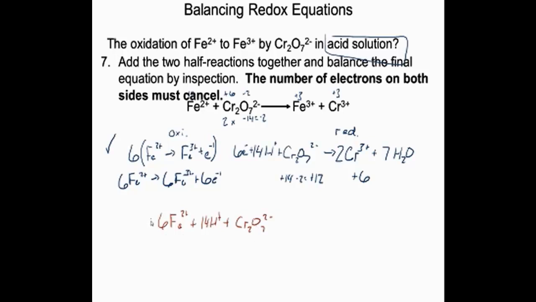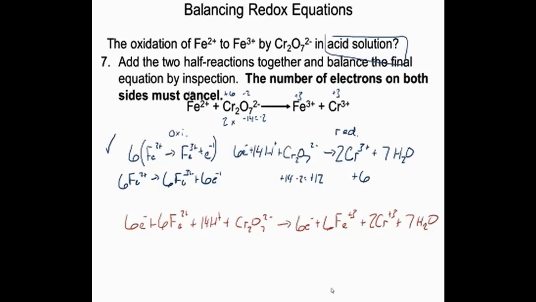And I'm just going to put this off to the front, plus my 6 electrons. Okay? And that all yields, I'm going to come back over here and grab my 6 electrons, plus my 6 Fe3+, it doesn't matter which order you write that in, and then my 2 chromium 3+ ions, and my 7 waters.